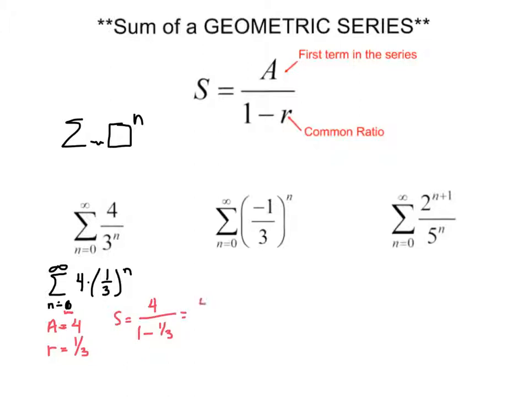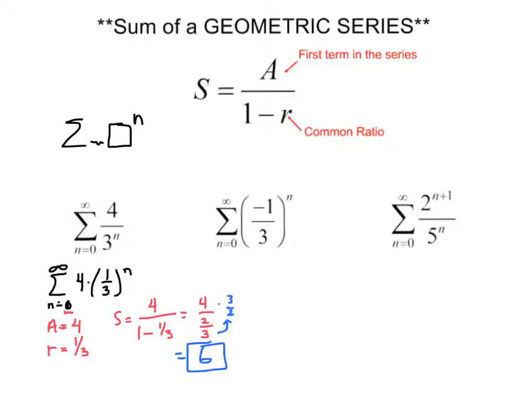So it's 4 over 2/3, which, dividing by 2/3, is the same as multiplying by 3/2. So the answer is 6. That's the sum of that geometric series. So if it were possible to add up an infinite number of terms, I would get 6. If I just kept adding more and more terms, going out further and further, I would get closer and closer to 6, but never reach it.